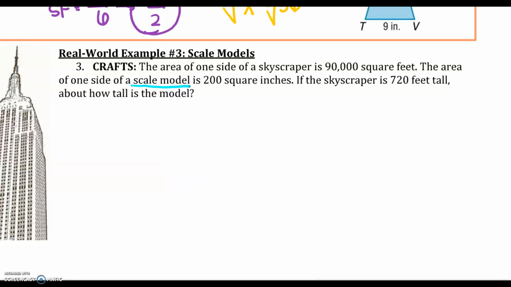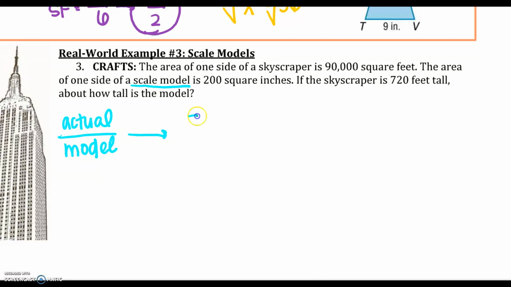So I'm going to use my areas and my sides the same way we have been doing it the past few problems. So my skyscraper, my actual, is going to go on top, and then my model is going to go on bottom. It does not matter in this problem which one goes on top and bottom. That's just how I'm going to keep my lines straight.